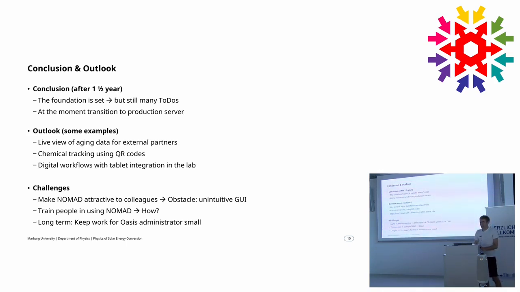Then this chemical tracking using QR codes is something I'm really looking forward to, but I have to do some work on it. And we have this dream of a fully digitalized lab without any paper, just the tablets, that you are standing at your glove box and really after doing your process, just checking on the tablet, okay, execute this process also in NOMAD. This is the big dream, but there's still a way to go.